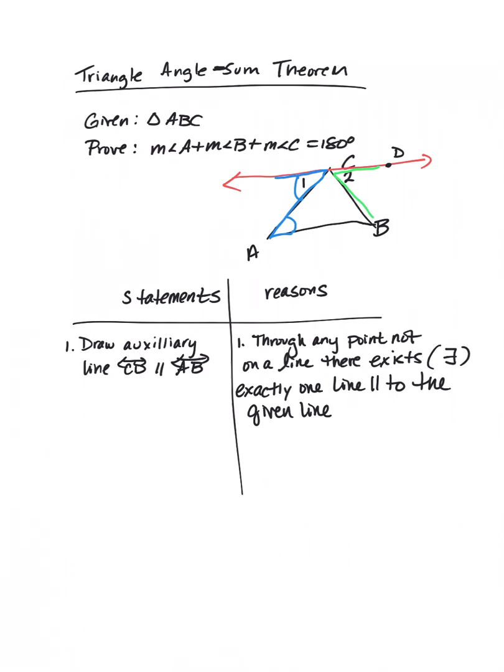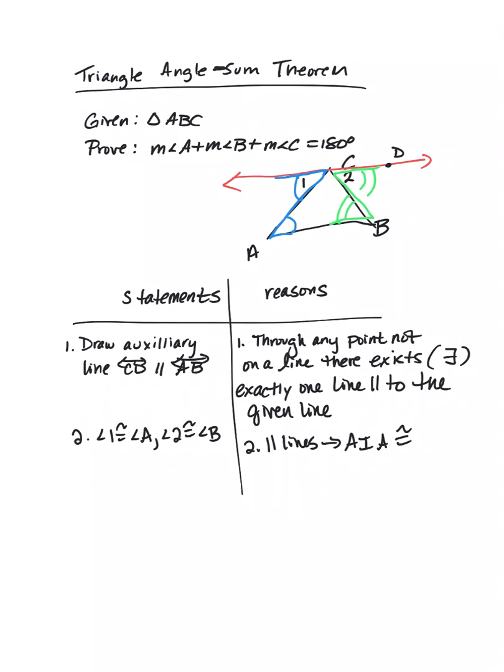And then I'm going to make a backwards Z, and these will be congruent as well. So, statement 2, angle 1 is congruent to angle A, and angle 2 is congruent to angle B, and that's because when we have parallel lines, the alternate interior angles must be congruent.